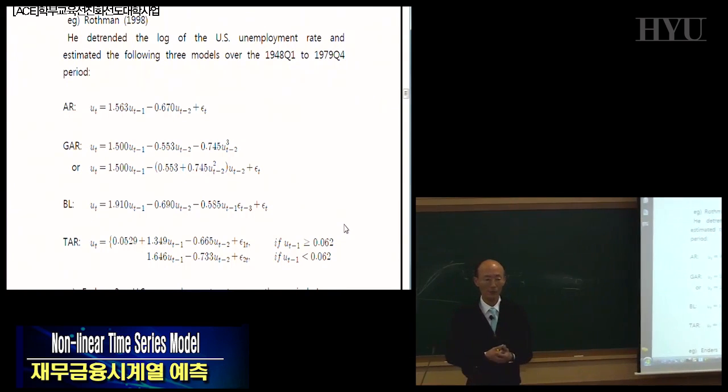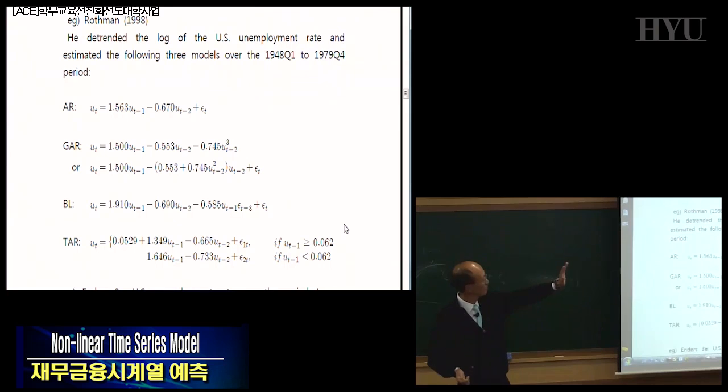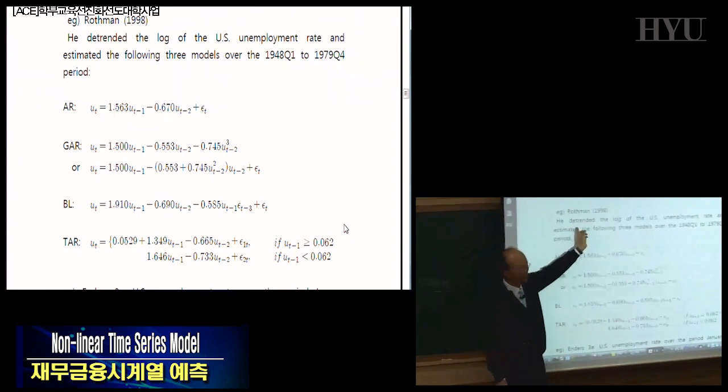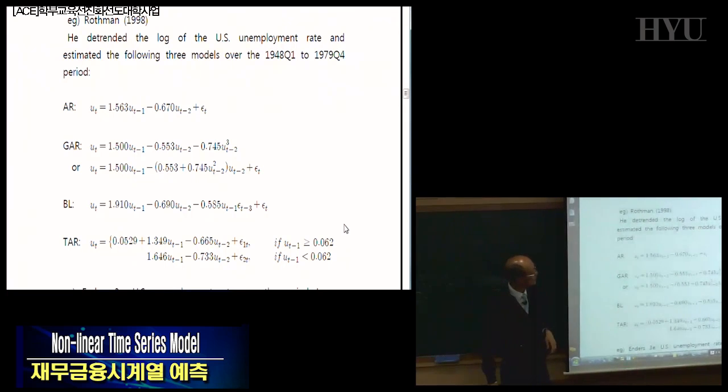Or if you know state space models, you can compute a random walk trend out of a non-stationary series and get a detrended series.